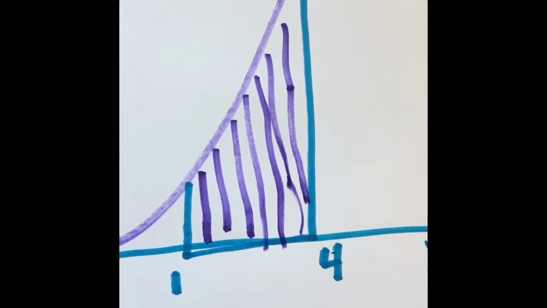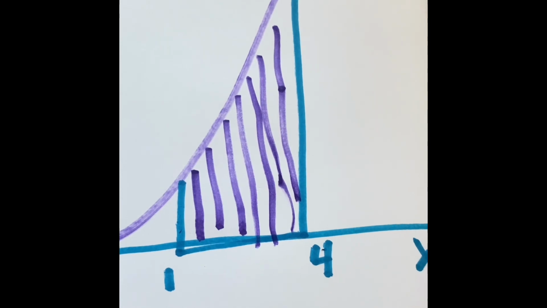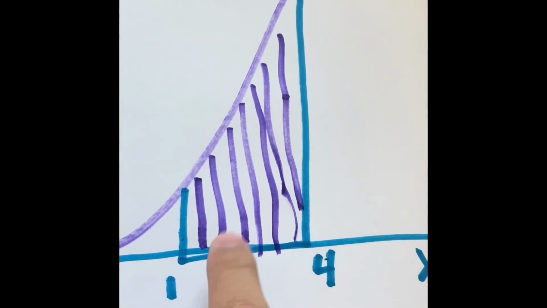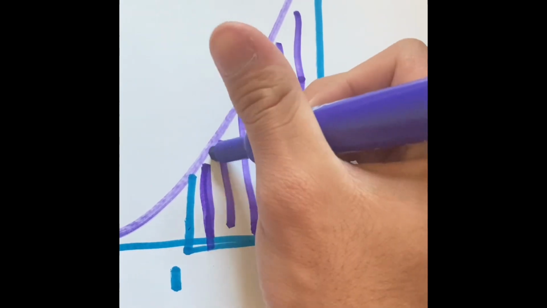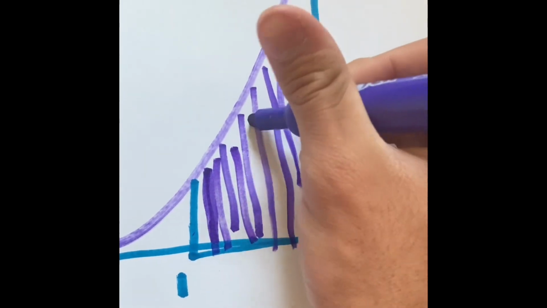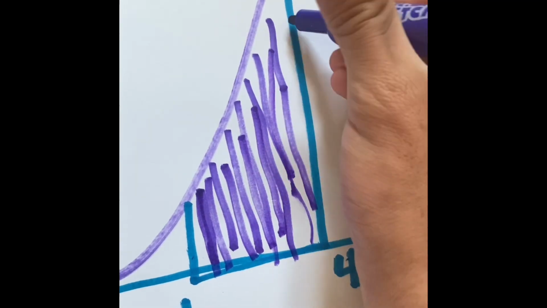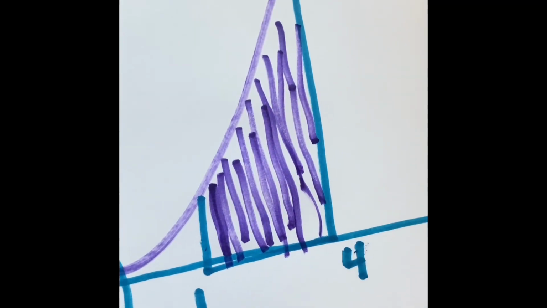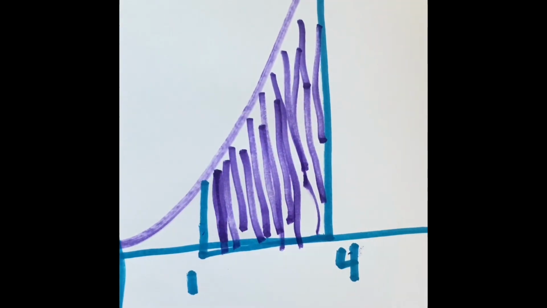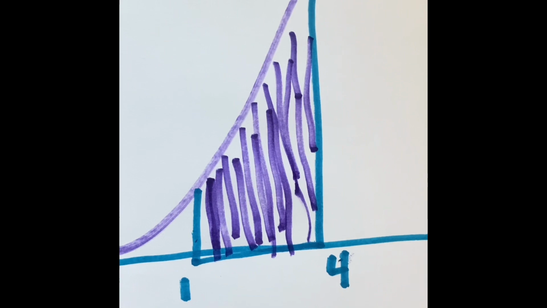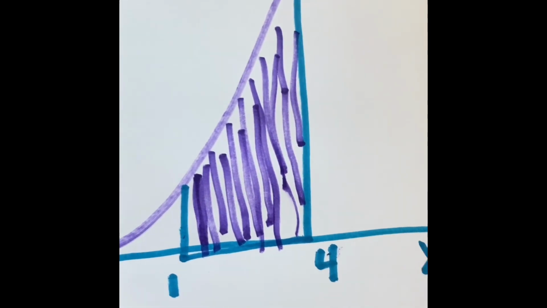That makes our answer a little more accurate, but not 100% accurate. If we wanted it even more accurate, we would add more, much smaller rectangles, basically pixels in a video game. But it's still not 100% accurate because it's still curved, and you can never make it perfect by putting in more rectangles or pixels.